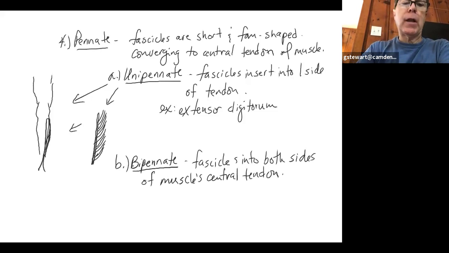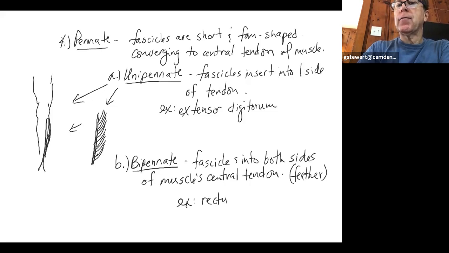This takes on more of a classic feather look. A classic example is the rectus femoris. That's one of the quadriceps muscles located up here in the thigh, but on the front.